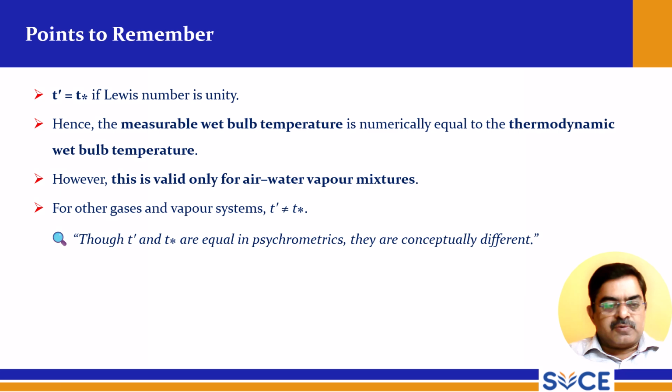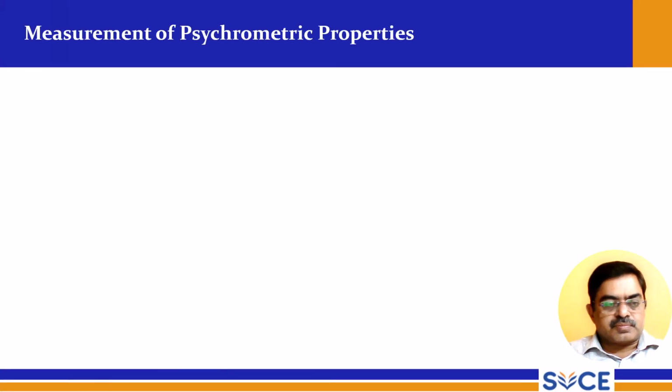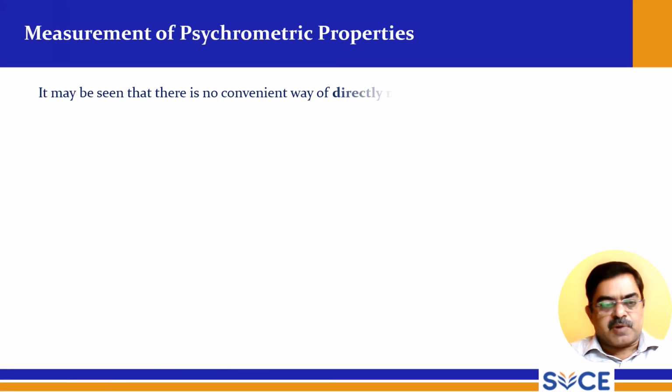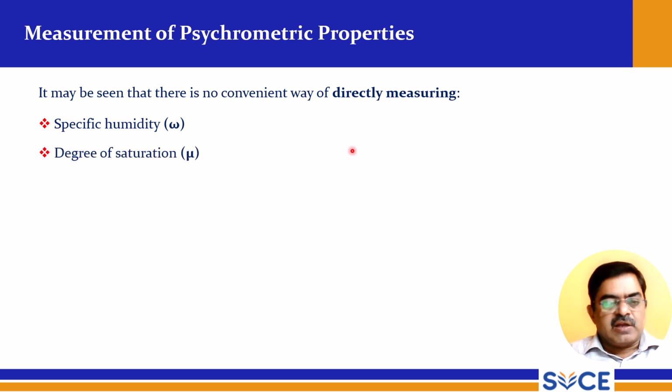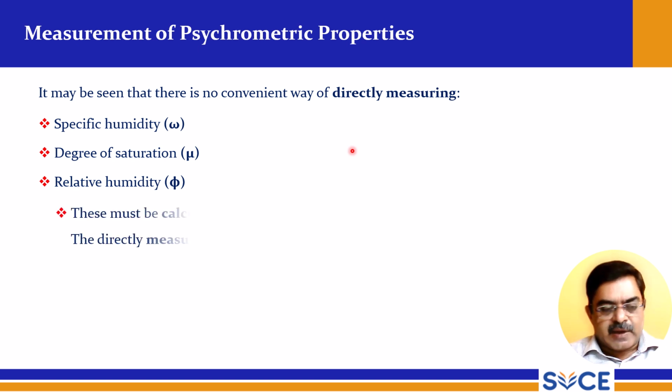Now, measurement of psychrometric properties. It may be seen that there is no convenient way of directly measuring quantities like specific humidity omega, degree of saturation nu, and relative humidity pi.